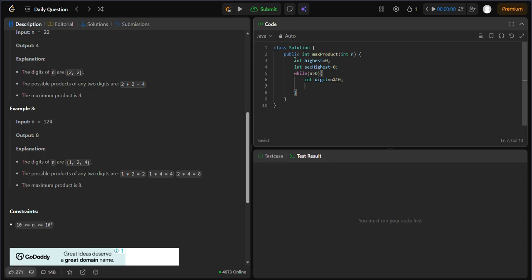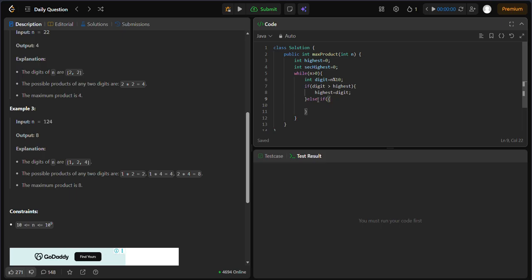Okay, now we have to find the highest digit. So if the digit is greater than highest, then highest is equal to digit. Now if the digit is not greater than highest, better to write else if.